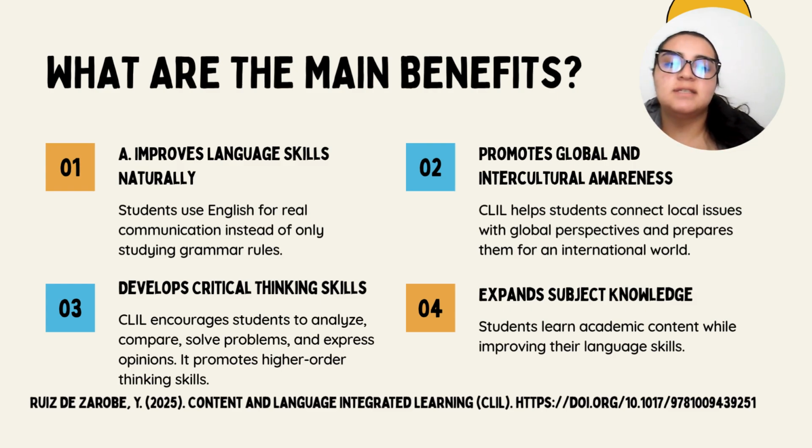The second, CLIL helps students connect local issues with global perspectives and prepares them for an international world. And three, CLIL encourages students to analyze, compare, solve problems, and express opinions. It promotes higher-order thinking skills. And the last, students learn academic content while improving their language.